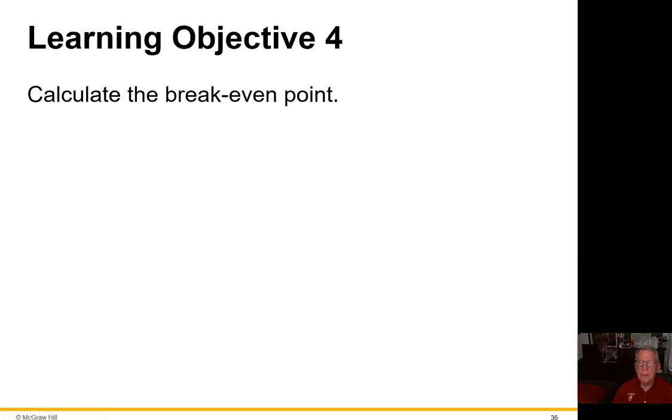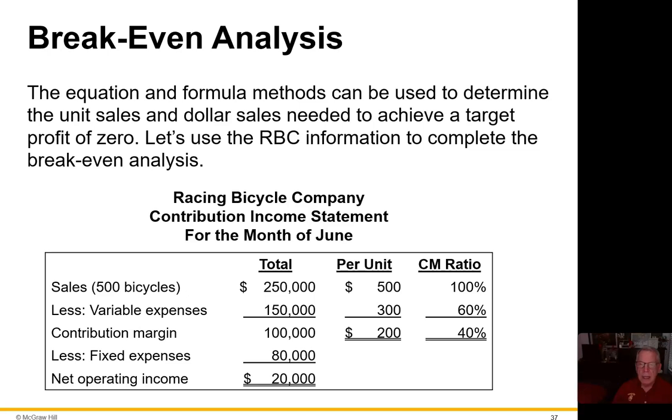Okay. So now, calculating break-even points are very useful in using cost volume profit. Here, an equation and formula methods can be used to determine the unit level at break-even and the dollar level at break-even.